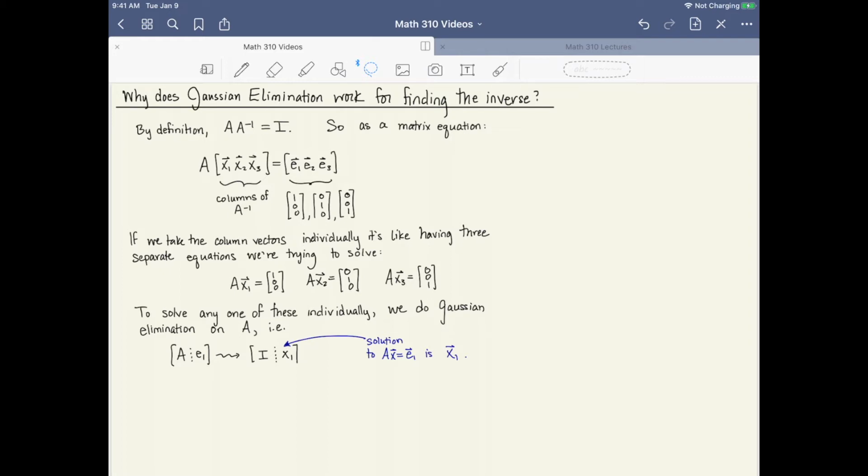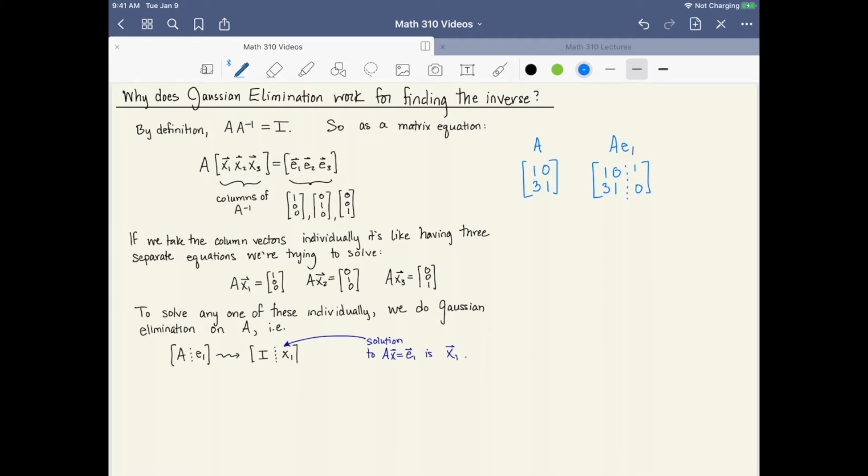To make this a little bit more concrete, let's say we had a matrix A that was something simple like 1, 0, 3, 1, and we wanted to find the matrix inverse. Well, this would be my A, and I would augment this with e1. That would be a matrix of the form 1, 0, 3, 1, augmented by 1, 0.